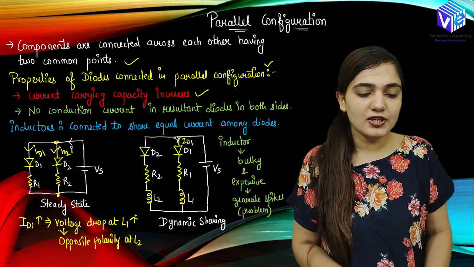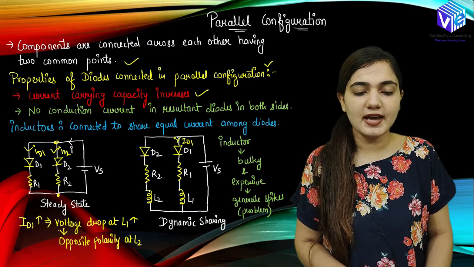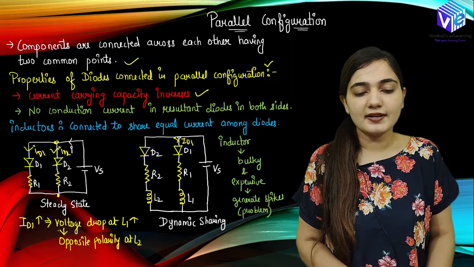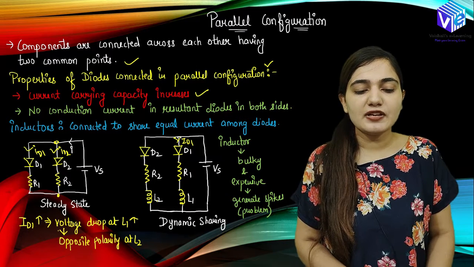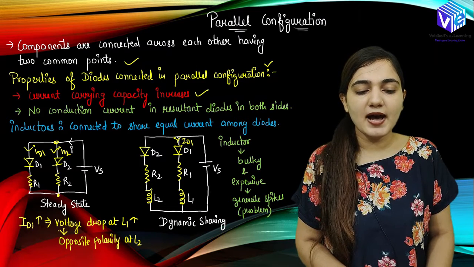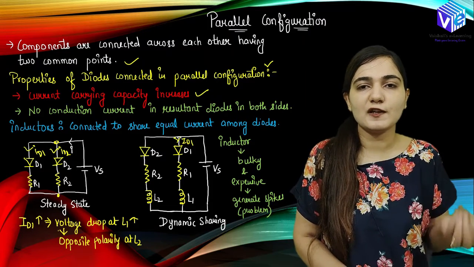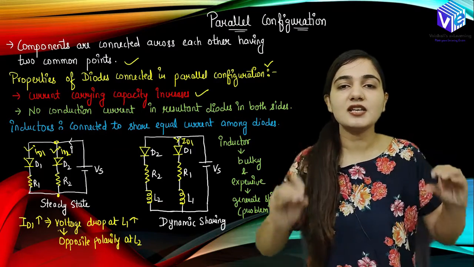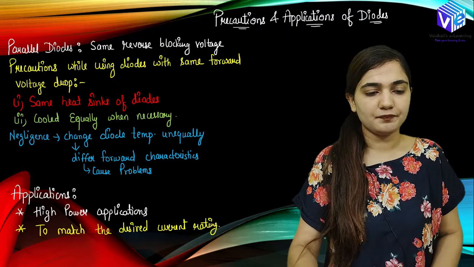When the voltage drop at L1 increases, we will have the opposite polarity at L2, and this is how we can have a higher current flowing through the diode D2 as well. When L2 has opposite polarity, it provides less hindrance to the current, and more current will pass through the diode D2. This is how we can regulate the current between the two diodes.